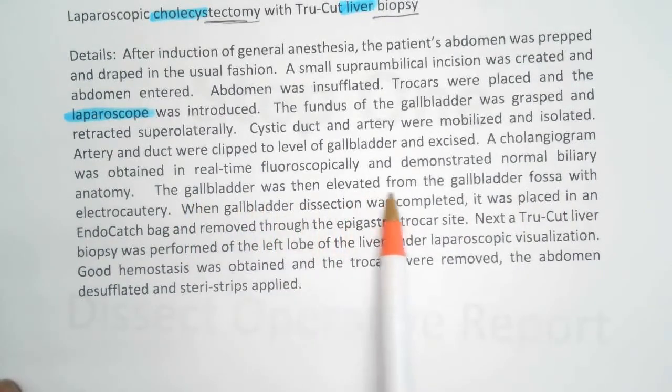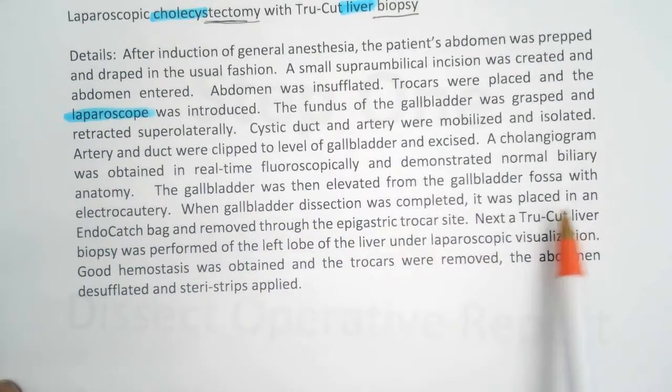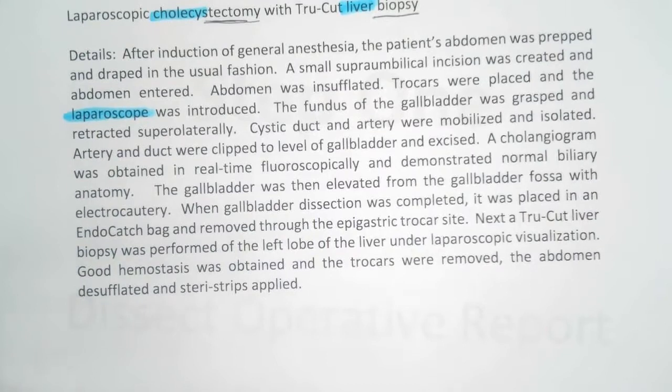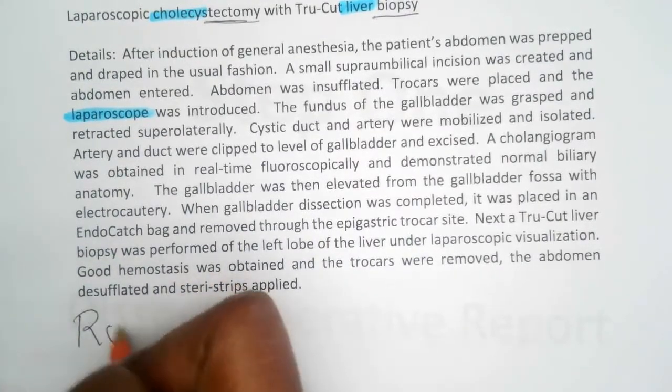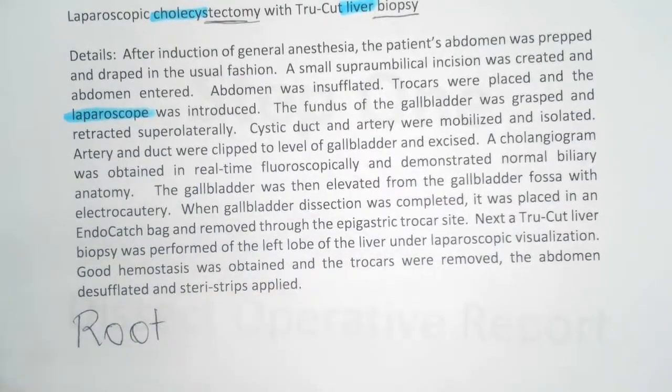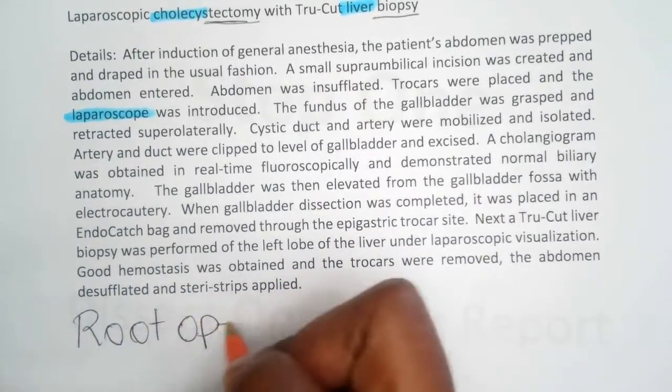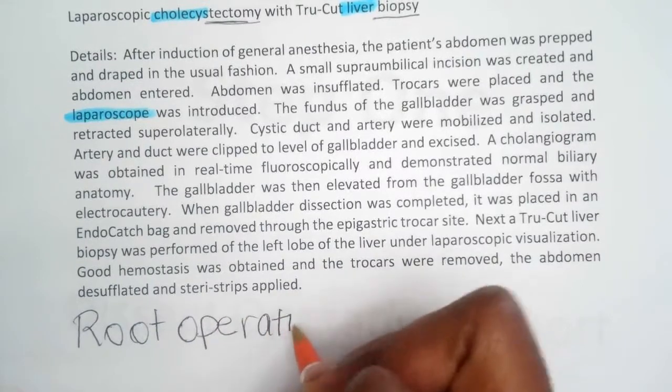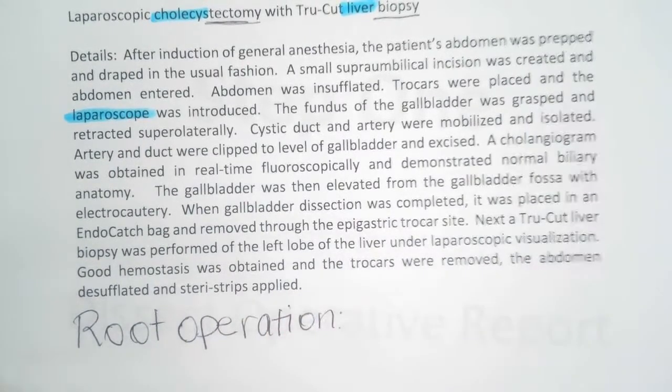The gallbladder was then elevated from the fossa with the electrocautery. When the gallbladder dissection was completed, it was placed in the endocatch bag. So let's pause here for a second. As you know, when we are building our ICD-10 PCS code, we must know what our root operation is.